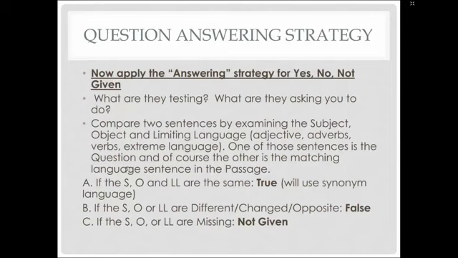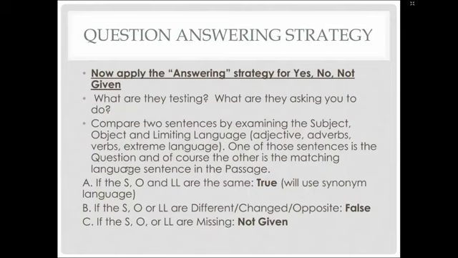Extreme language means never, always, only, language like that. You're comparing the language of two sentences, right? That's what they're asking you to do because it's an English test. And this is a great way to test your English.